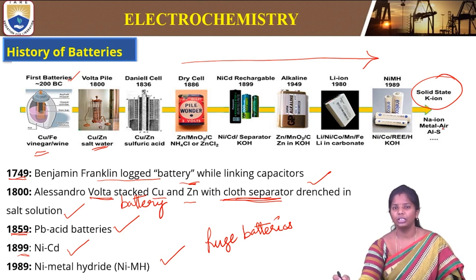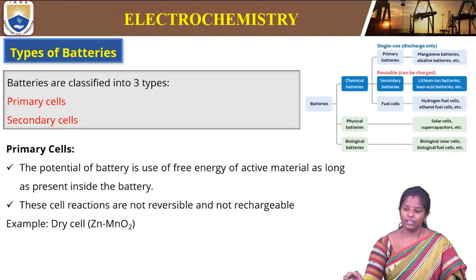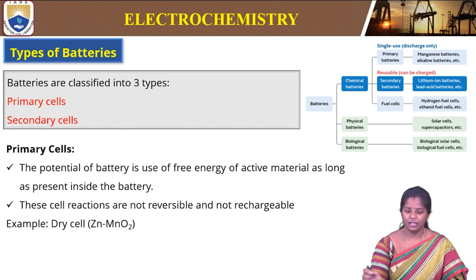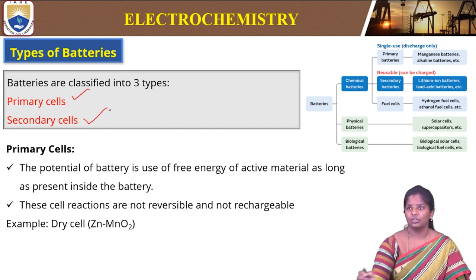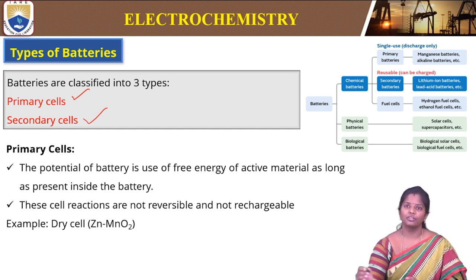So we will see how the different batteries vary in their configuration and working principles. There are different types of batteries, primary cells and secondary cells. These primary cells and secondary cells are clubbed together to form batteries: primary cells to form one kind of battery and secondary cells to form another.